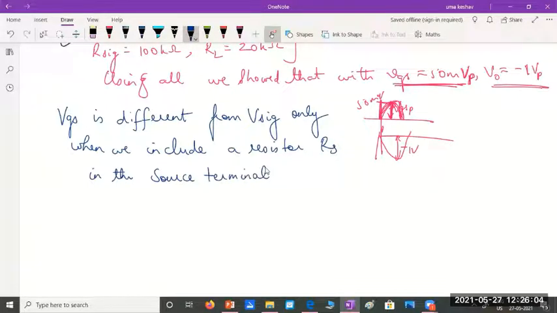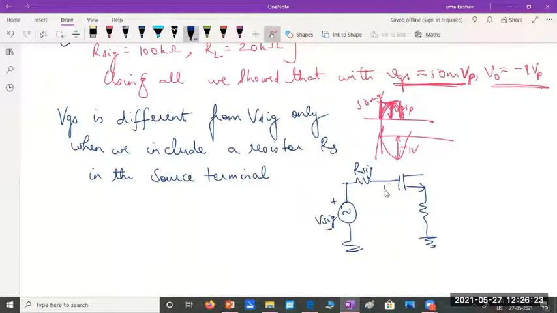Okay, so if you include a resistance Rs in the source terminal, and the input signal is given here, this VGS will be from gate to source.